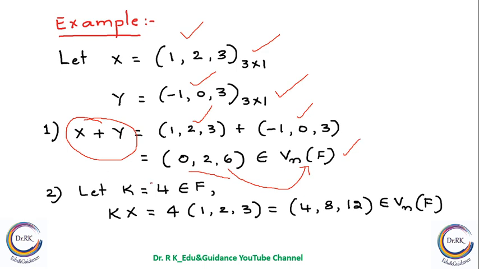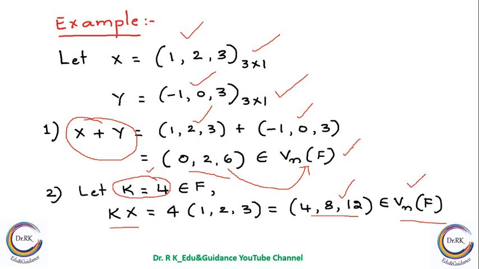Second property, take some scalar, some constant value. k equal to 4 is a scalar. If you multiply k by x, 4 multiplied by x: 4 ones are 4, 4 twos are 8, 4 threes are 12. So this is also another vector of order 3, which is again in VNF.